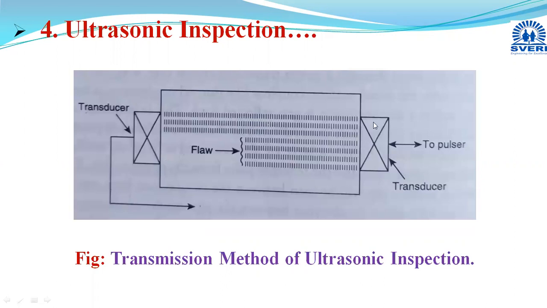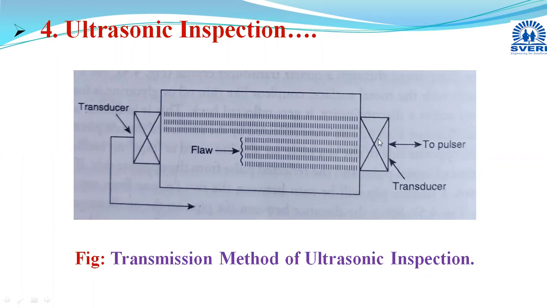This is the transmission method, also termed the through transmission method of ultrasonic inspection. Now, what we are doing here: this is your workpiece or test specimen, and we are using two transducers. One transducer is at one end of the specimen, and at the other end another transducer is there.